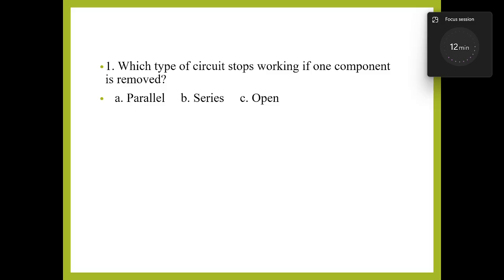If one LED is removed from the circuit, in which circuit does the whole circuit stop working? Is it parallel, series, or open? In the previous video, we have designed this series and parallel, and I have removed the LED and showed you which circuit will work and which circuit will not work. In this case, series circuit is the answer.